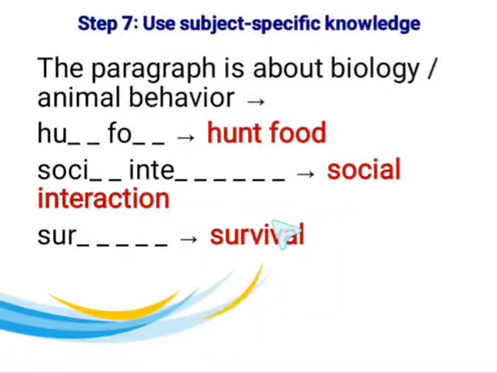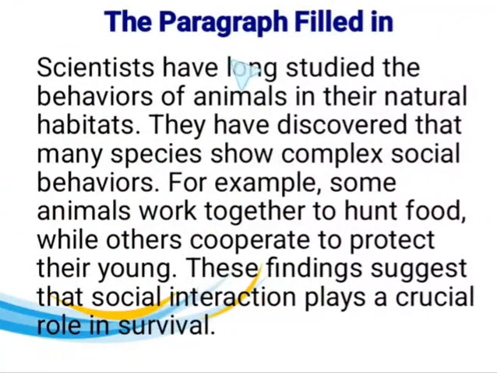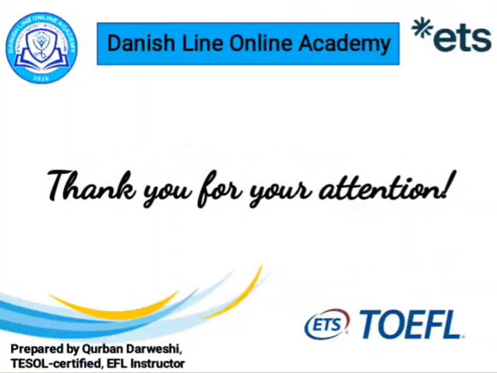And look at that, survival. You know that in the jungle or maybe in the forest, animals should survive because this is the number 1 rule of life. Good. This is the paragraph that is already filled in by putting those missing letters, okay? And now there's a complete paragraph, right?